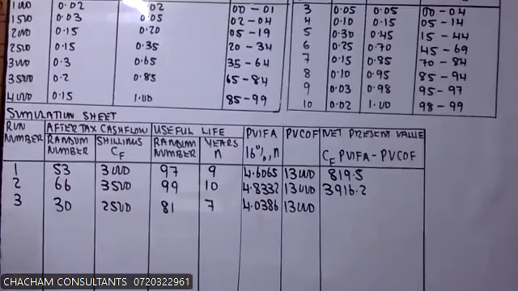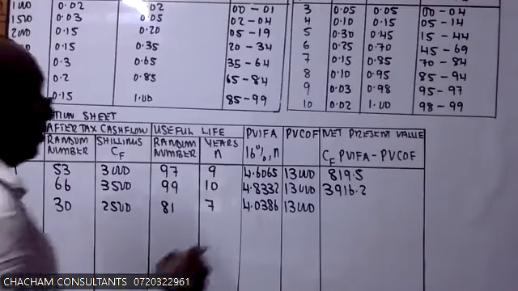So we now say 2,500 times 4.0386 minus 13,000, negative 2903.5.